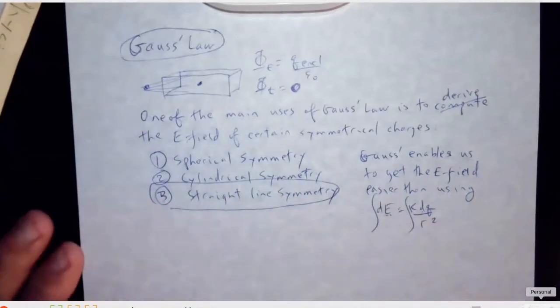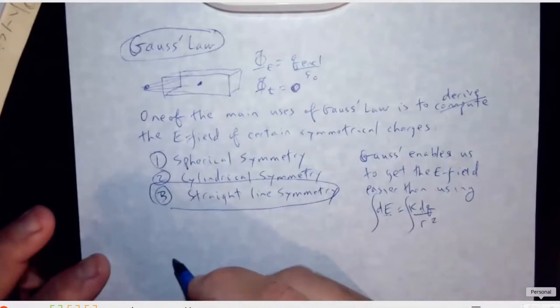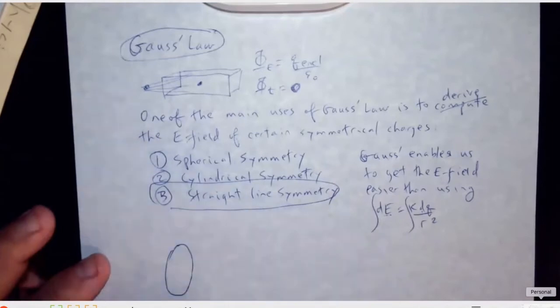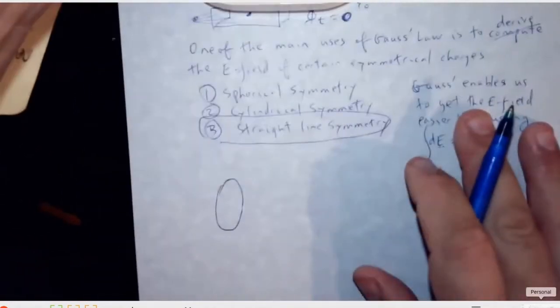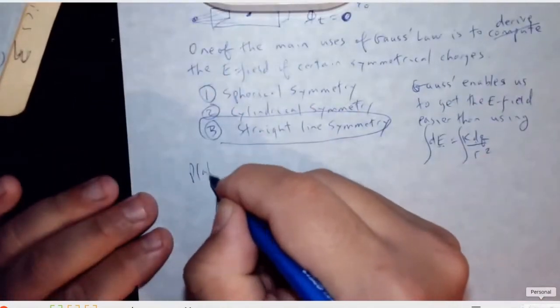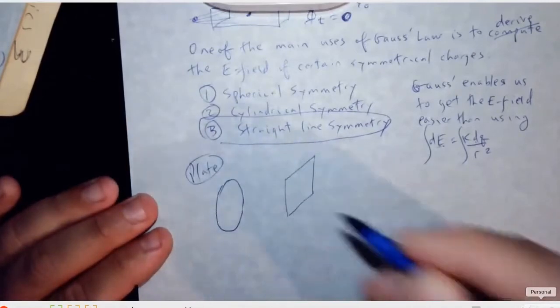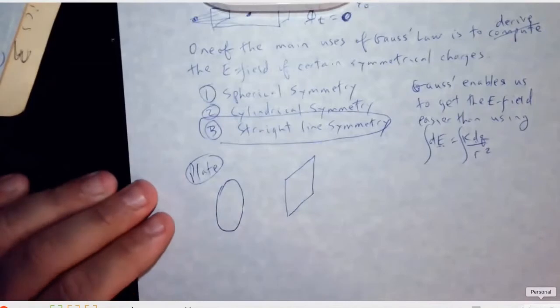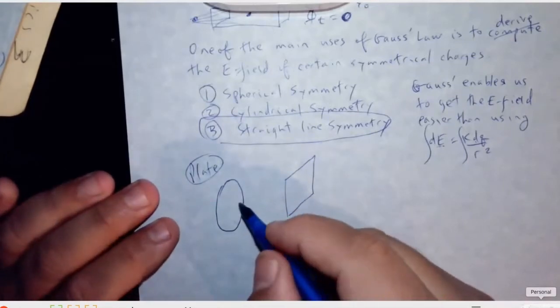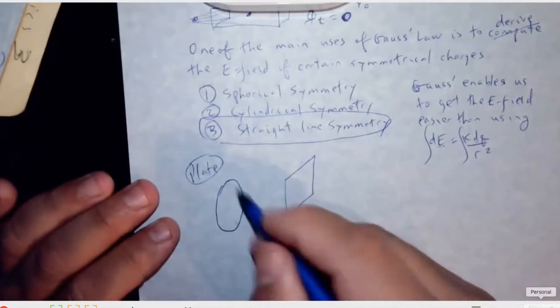By straight line symmetry, this is kind of what we mean. We take a plate. The plate can be a circular plate, or a rectangular plate, any kind of shape. When you're close to the plate, it doesn't matter the shape of the plate.